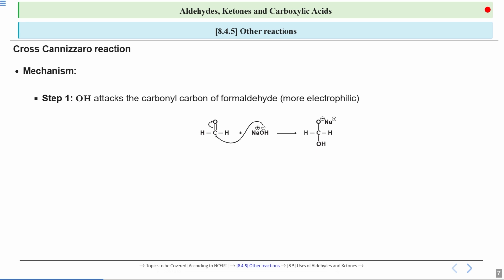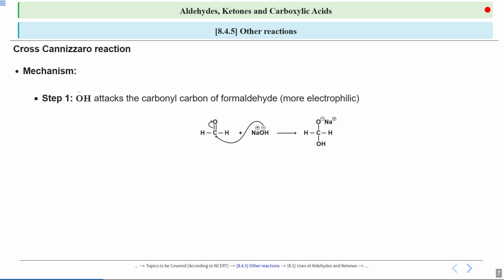Now, this negatively charged hydroxide ion, where will it attack? Obviously, it will attack the carbonyl carbon of formaldehyde. So this OH minus ion will attack the carbonyl carbon of the formaldehyde, forming a tetrahedral intermediate. The carbon is electrophilic, meaning it is likely to attract electrons.